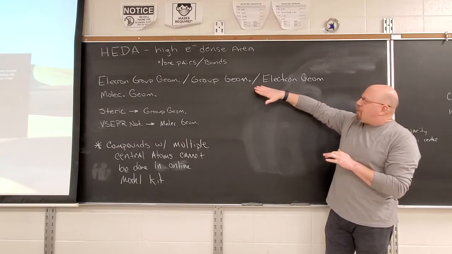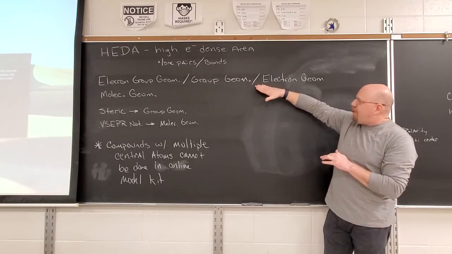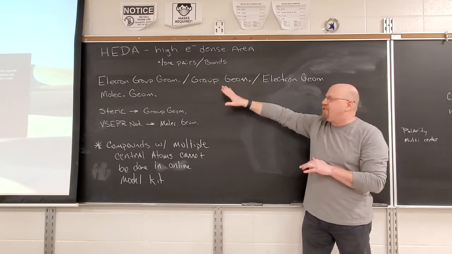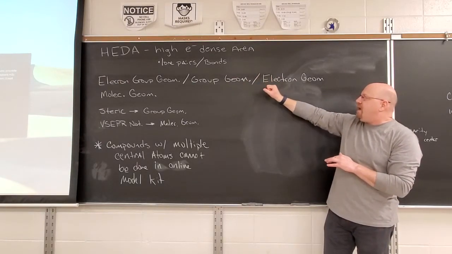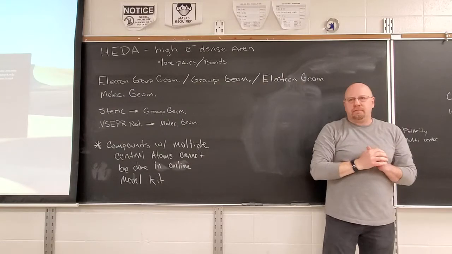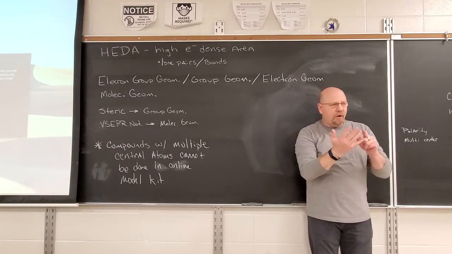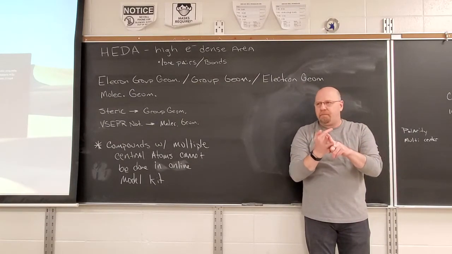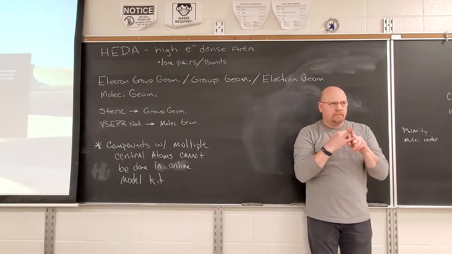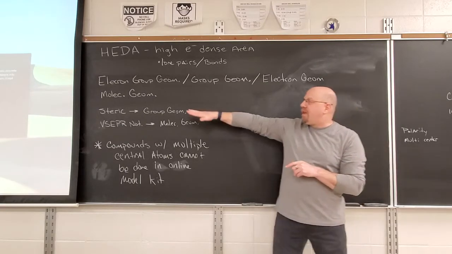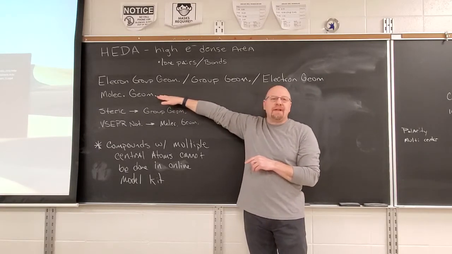Now, I reemphasize that these group geometries, the electron geometry, electron group geometry, however you want to say it, include any electrons, whether they be part of a bond or part of a lone pair. Molecular geometry is related.